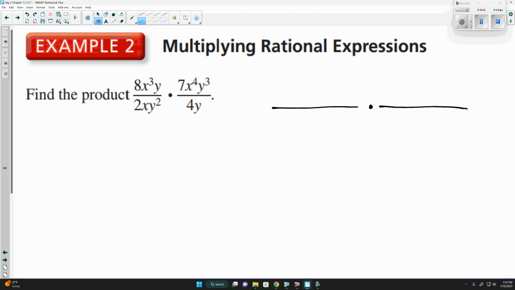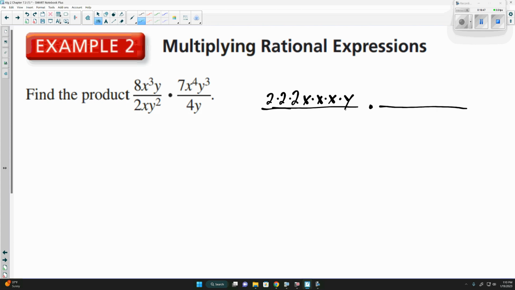So if we did that with 8, well, 8 is the same as 2 times 2 times 2, 2 cubed. x to the third, that's just saying we have x times x times x. Then times y.